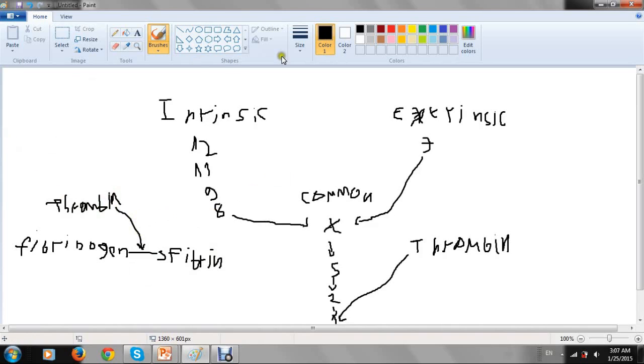And again, let me just remind you that if this is a platelet, and those are platelet receptors GP2B3A, and this is fibrinogen, which is connected to another platelet.